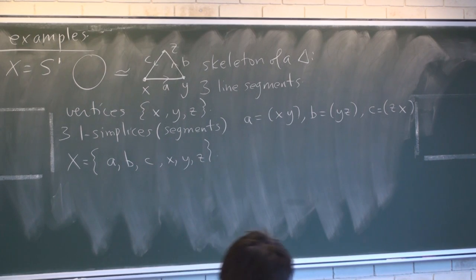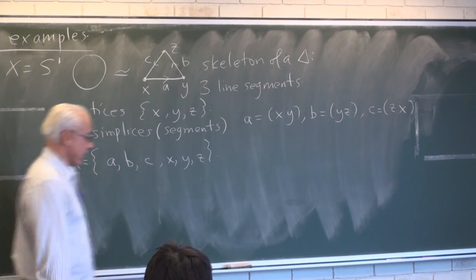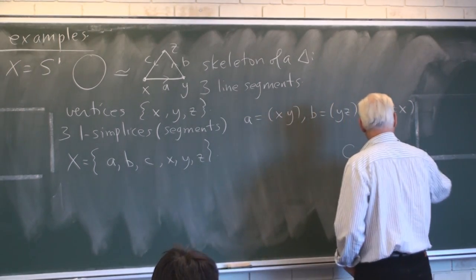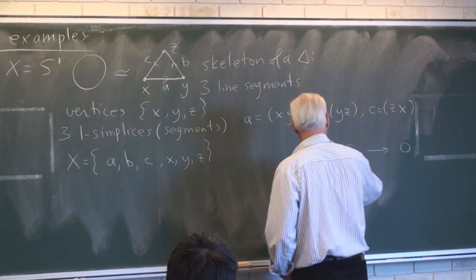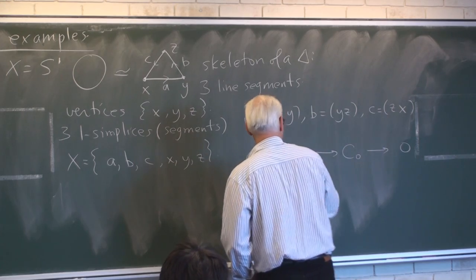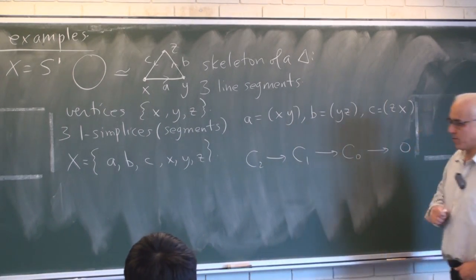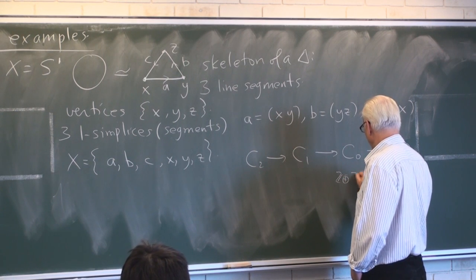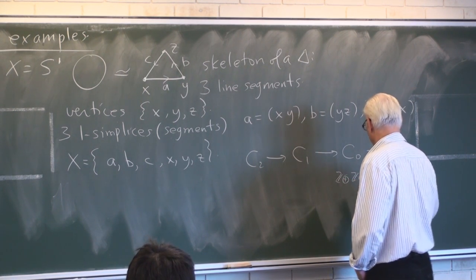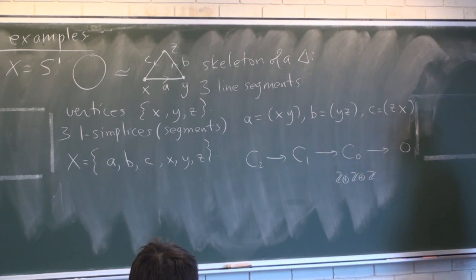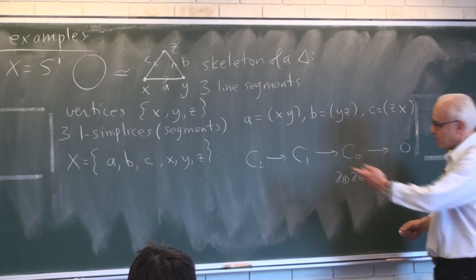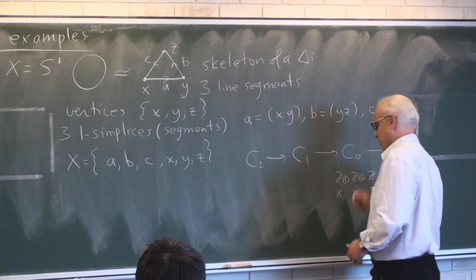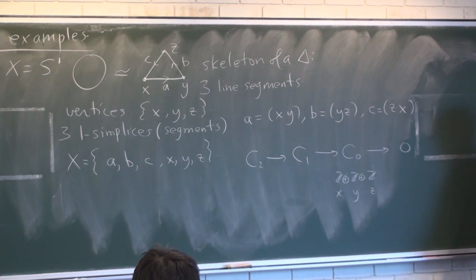All right, so let's write down what these chain groups look like. So we have C0 and C1 and C2. Okay. So what is C0 going to be? Well, it's going to be Z plus Z plus Z, 3 copies of Z, because the basis consists of the 3 vertices x, y, and z.